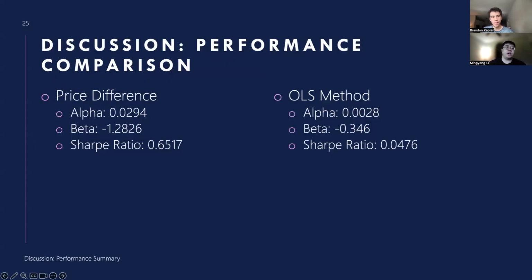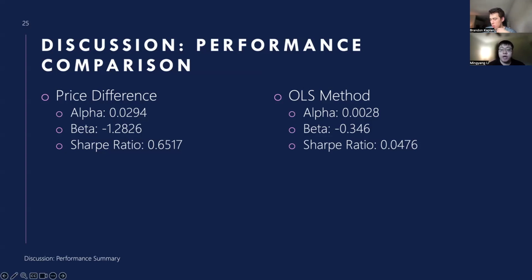Yeah, so here are the kind of metrics that we use. First of all, we can notice that the alpha and Sharpe ratio are both positive for both models, and specifically those values from the price difference algorithm are much higher than those from the OLS algorithm. And specifically, both alphas are positive, indicating slight outperformance of the market for both models.